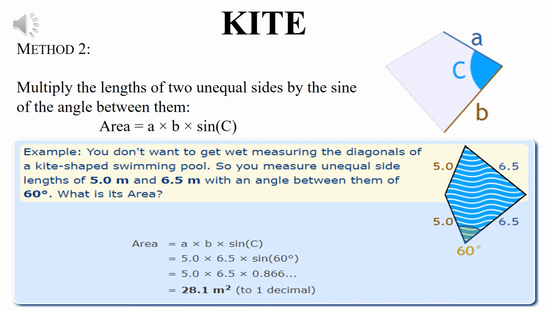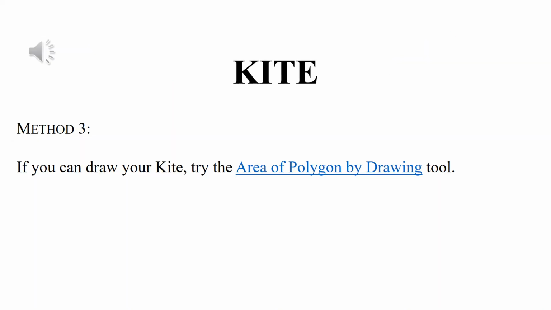Area equals A times B times sine C, which equals 5 times 6.5 times sine 60 degrees, which is 5 times 6.5 times 0.866, equals 28.1 m squared to 1 decimal point. Method 3. If you can draw your kite, try the area of polygon by drawing tool.